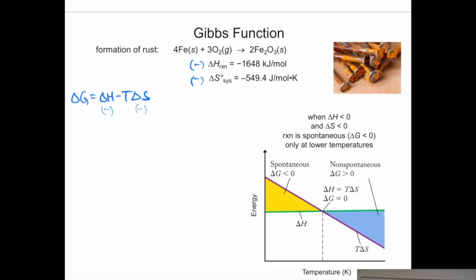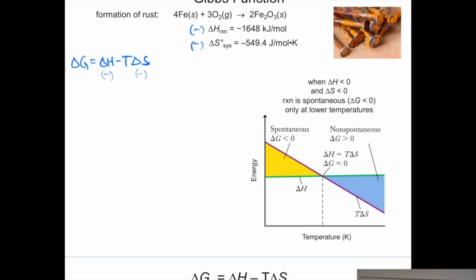And again, we can calculate what temperature. Here's the graph, but now it's the reverse of what we just showed. Here's the equilibrium temperature. This is where delta G is equal to 0. When delta G is equal to 0, that means delta H is equal to T delta S, and we can solve for T. T is equal to delta H over delta S.